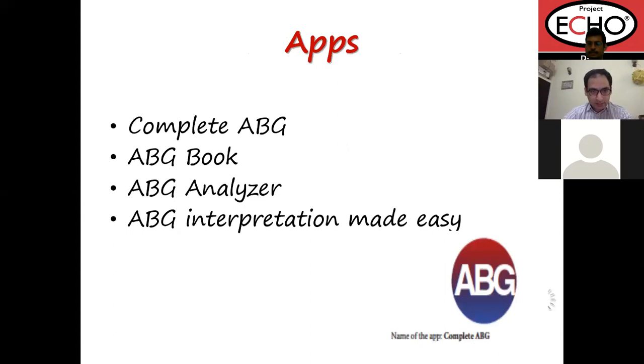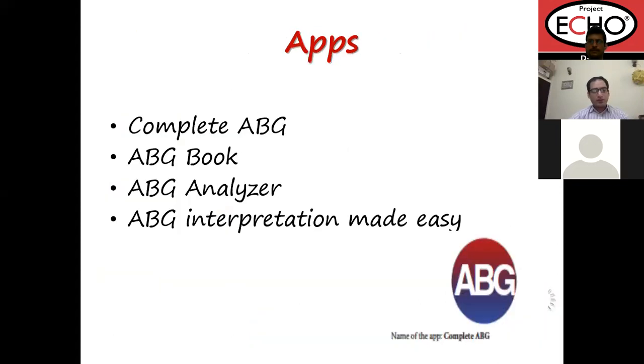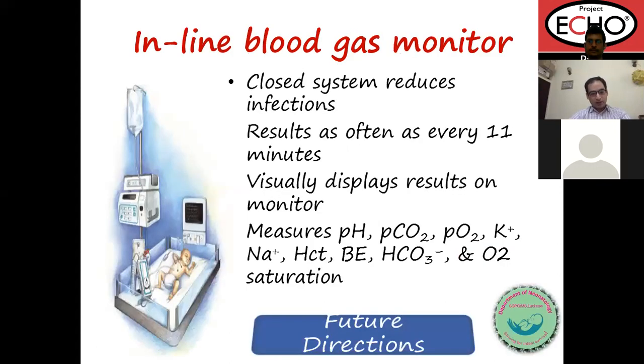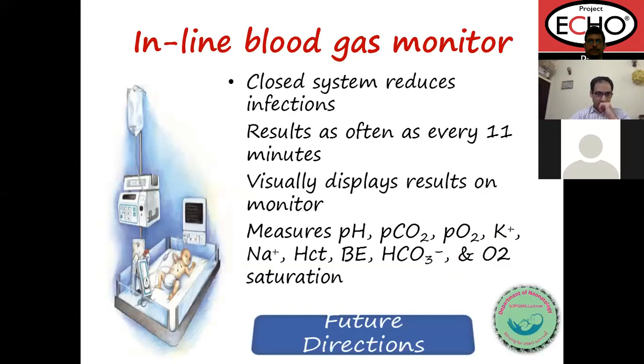Next, these are some of the apps which are available in the App Store: Complete ABG, ABG Book, ABG Analyzer, ABG Interpretation Made Easy, which can tell you about the blood gases if you don't have time to read or you don't know. Next slide. This is the newer thing which is there in the market.